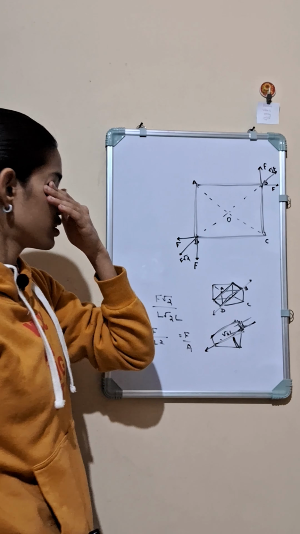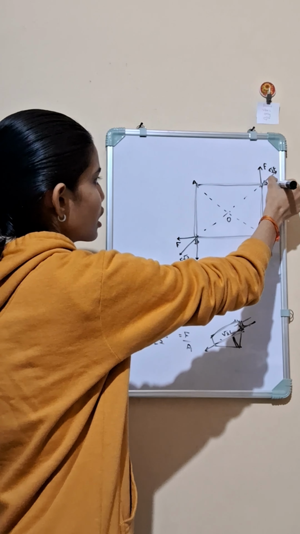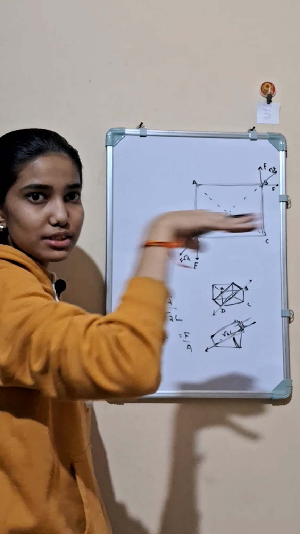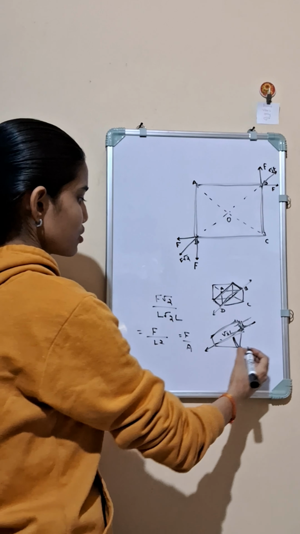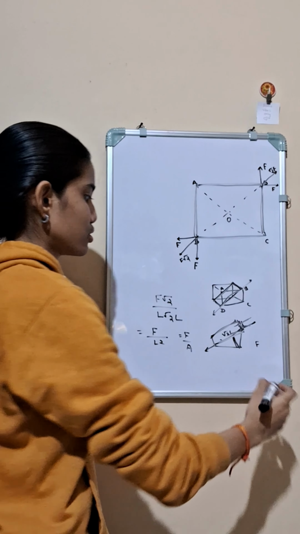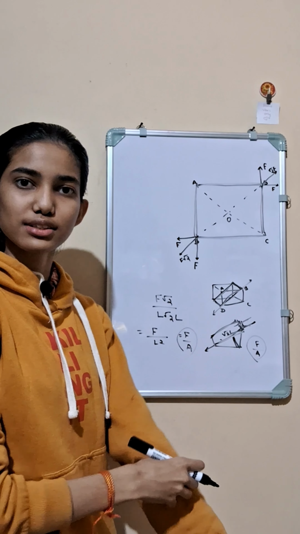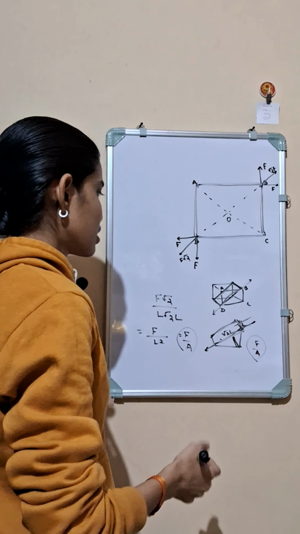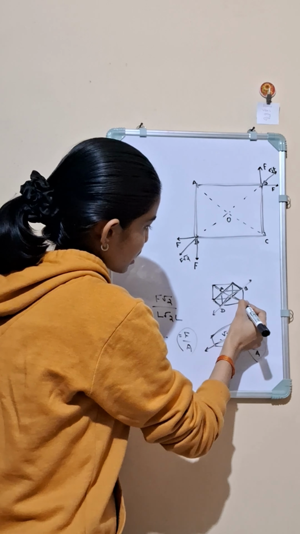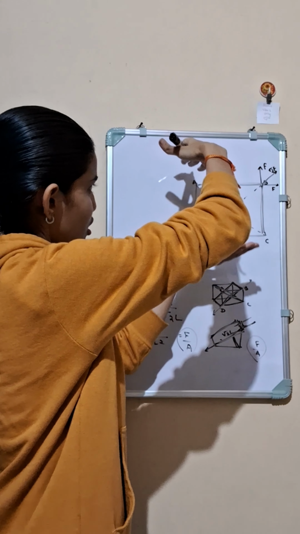F by A. Now consider the normal cube, and force F being applied tangentially along this AB upper surface. So F, and the surface area of the upper surface will also be A. You can see that both of the stresses are the same. In a similar manner, you can also slice it along AC.